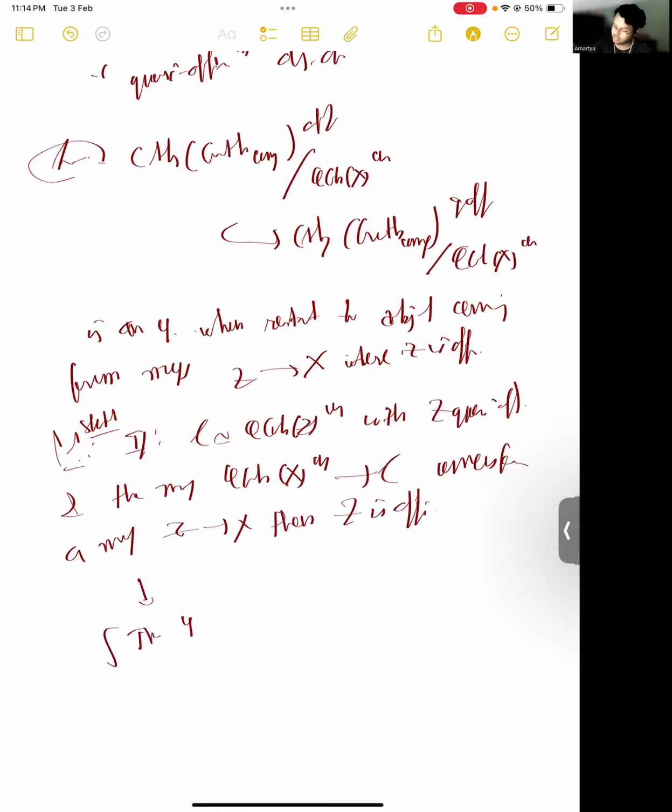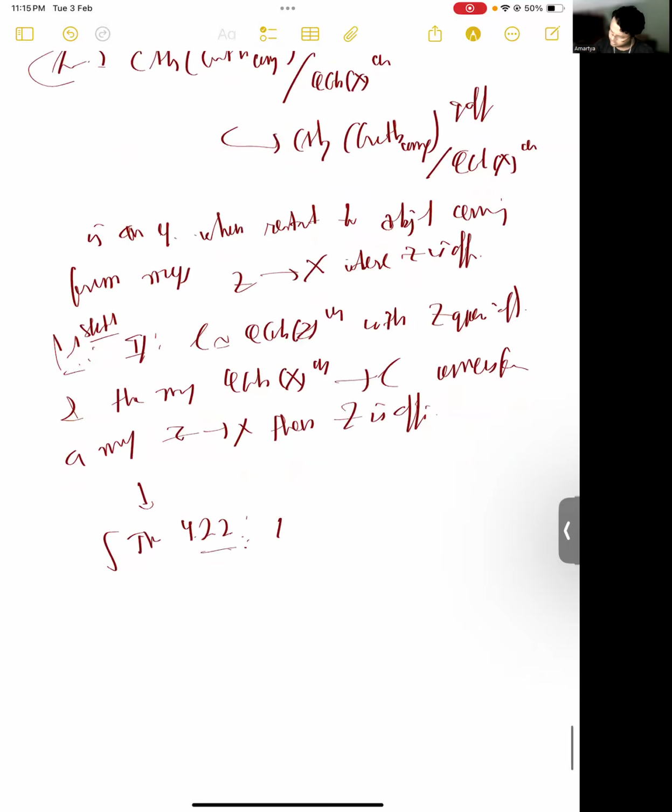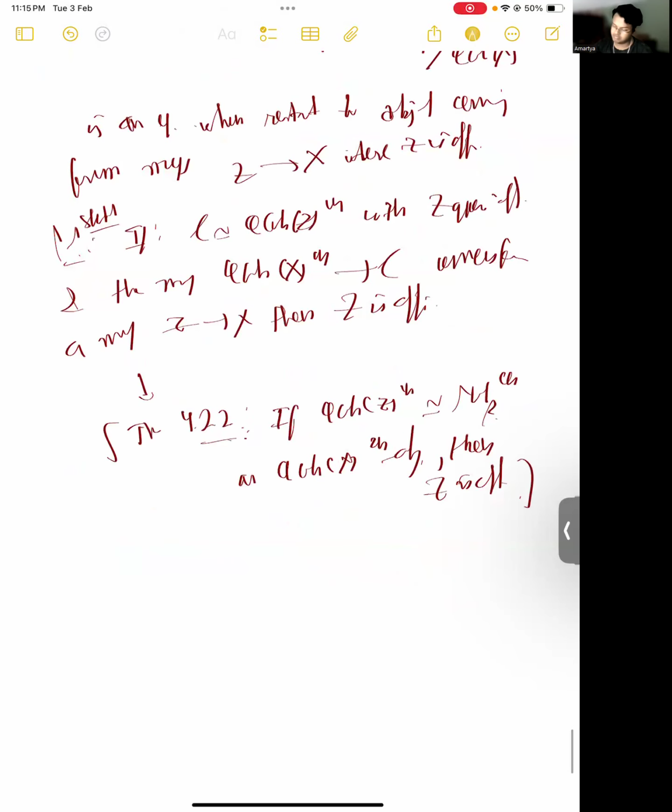This is like Theorem 4.2.2 of Stefanich. No, I don't think we've seen this. So let me state this real quick. If QCoh Z is equal to Mod of C as QCoh X algebras, then Z is affine. Right. So that basically proves this part. Therefore, we have shown that this is also an equivalence.